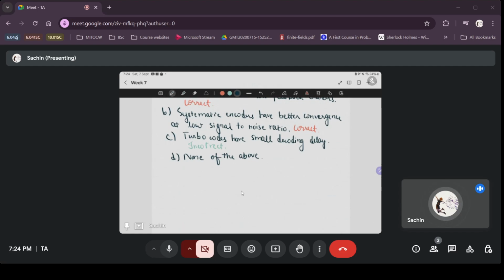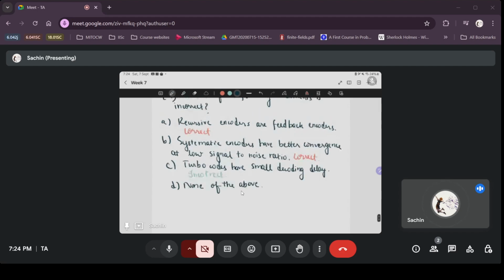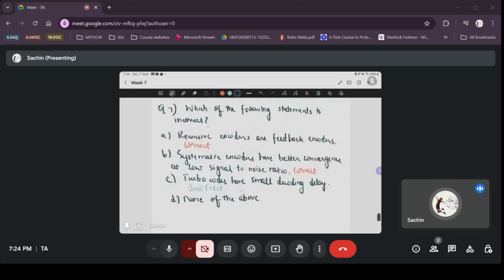So option D is also an incorrect option. I don't think anyone has really thought it through when they give none of the above as an option. Maybe it's just too obvious, so we let it pass, but technically none of the above is also an incorrect option because one of the above is actually incorrect.